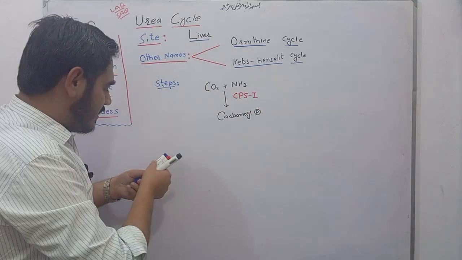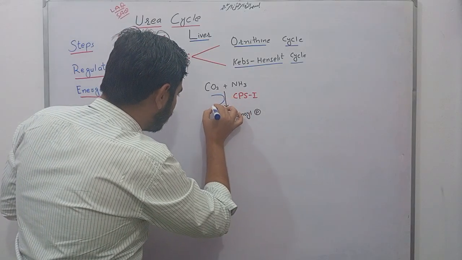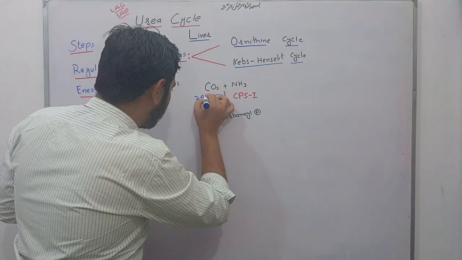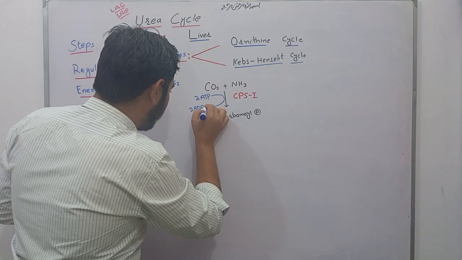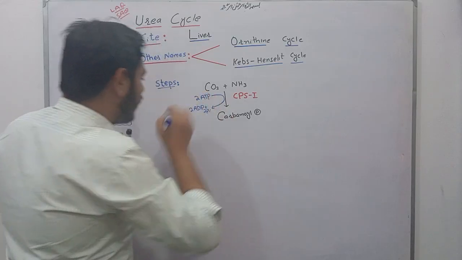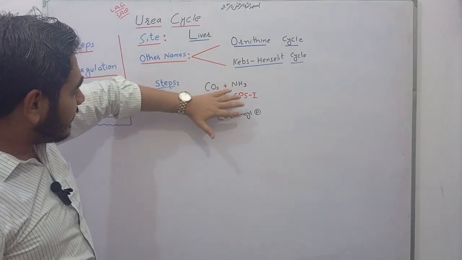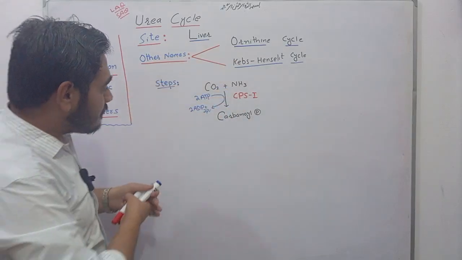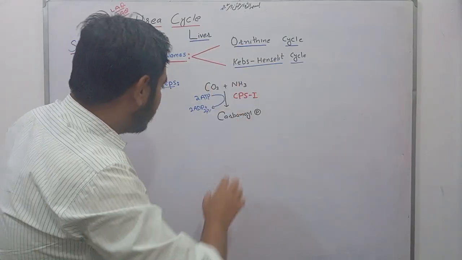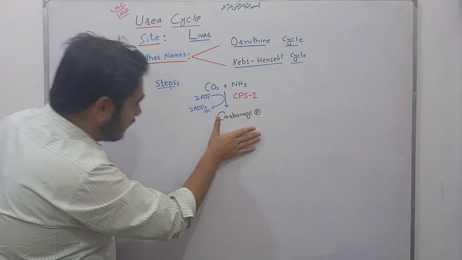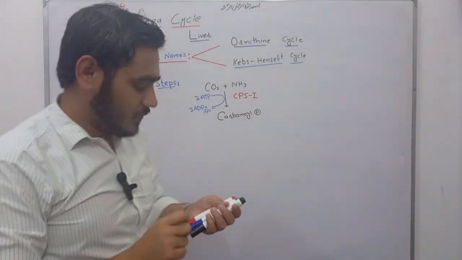Here there is a utilization of two molecules of ATP, and a formation of two molecules of ADP and two molecules of inorganic phosphate. So basically, with the help of this enzyme, carbamyl phosphate synthase 1, there is a synthesis of carbamyl phosphate and a utilization of two molecules of ATP.